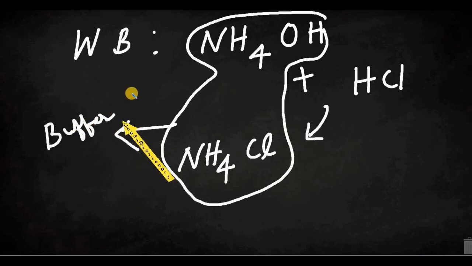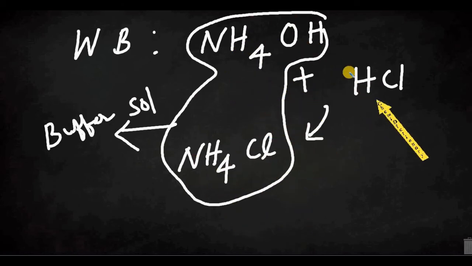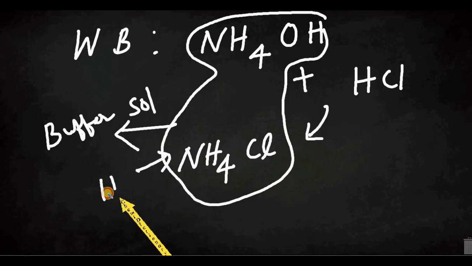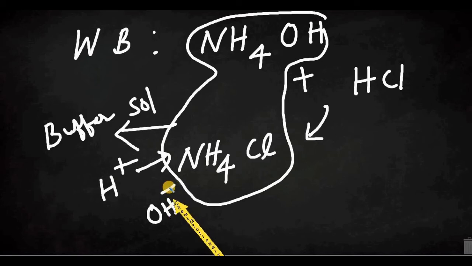Previously we discussed about acid buffer. So this is a buffer solution, the combination of a weak base and its salt with strong acid. When it reacts with the strong acid, it produces ammonium chloride, which is a salt. The combination of these two acts as buffer solution. This also maintains pH fairly constant while adding a small amount of H plus ion or small amount of OH minus ion.